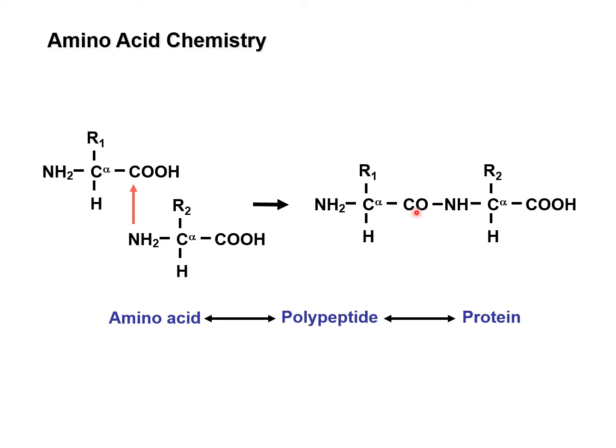And when they are connected, it looks like this with the two amino acids linking together, and it's called a polypeptide. And also when the polypeptides get together to make a long sequence of amino acids, then it'll be called a protein.